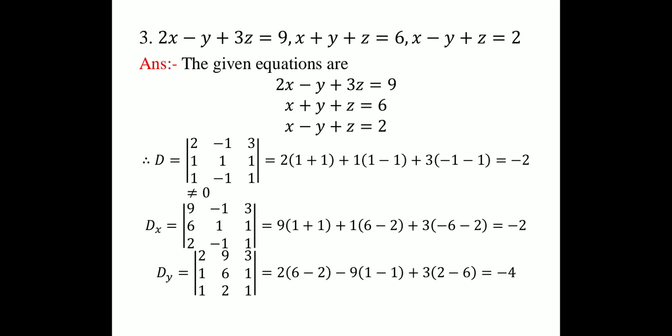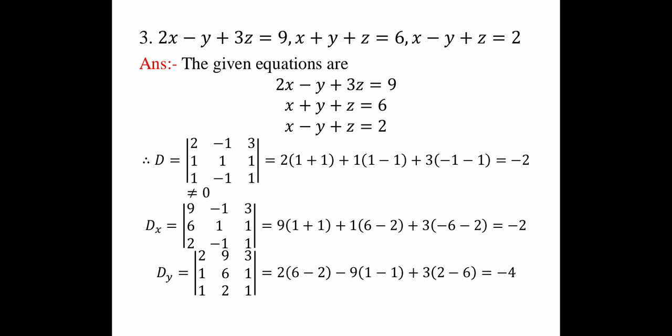Which is equal to 9 into, deleting first row, first column, taking the determinant of the remaining elements, that is 1 plus 1, plus minus of minus 1 is equal to plus 1, 1 into, deleting first row, second column, taking the determinant of the remaining elements, that is 6 minus 2, plus 3, again deleting first row, third column, taking the determinant of the remaining elements, 6 into minus 1 minus 2.